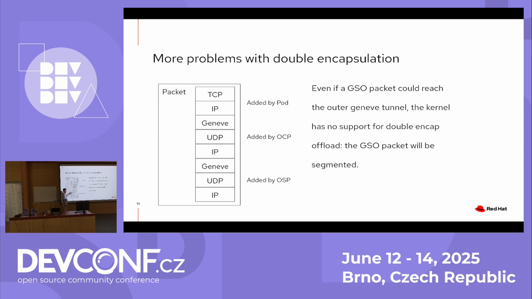And this is the encapsulation added by OpenStack when reaching the OpenStack Geneve tunnel. If by some magic we were able to generate a GSO packet that arrives there unsegmented, still Linux has no support for double encapsulation. So before adding the second encapsulation, the kernel will have to segment the packet.